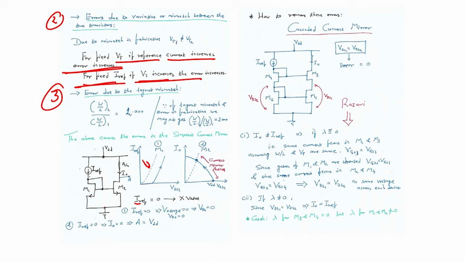For example, if I want W by L of 2 divided by W by L of 1 equals 2, because of the mismatch in layout, I may not get this particular value, and this will also generate an error. So, all these three errors are the errors in the simplest current mirror.